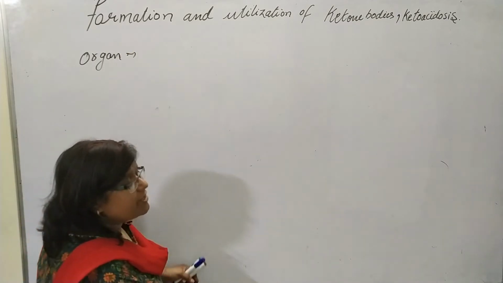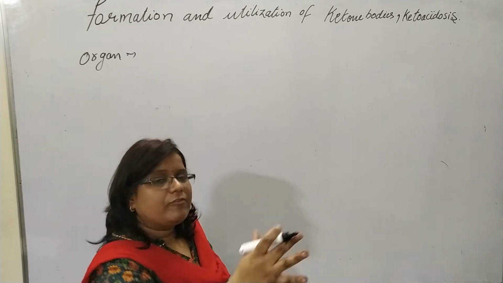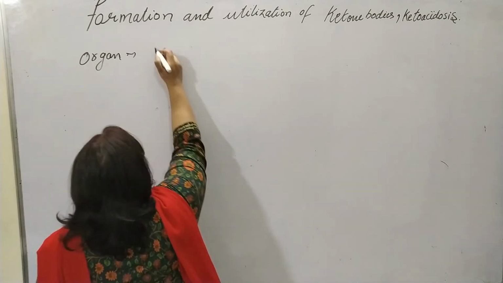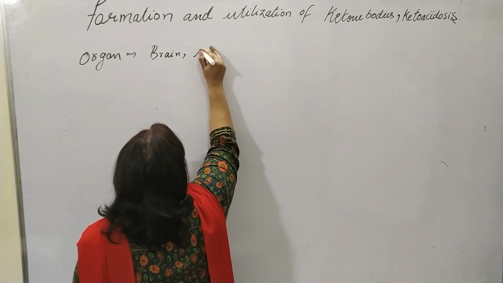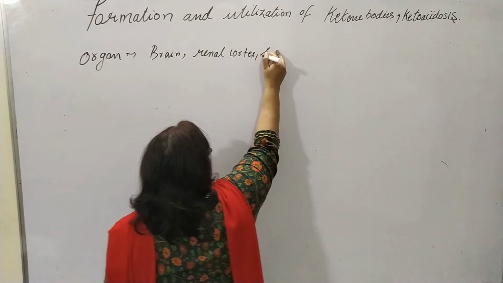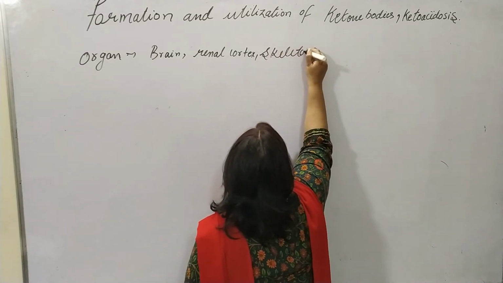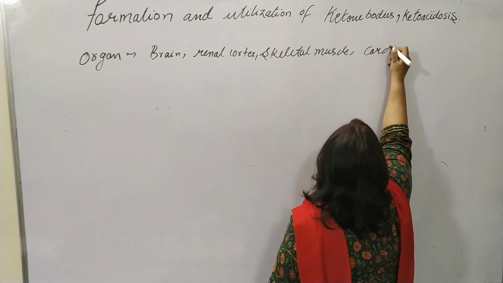Around 50 to 70% of the energy requirement of the brain can be fulfilled by ketone bodies. The main site is the brain, and they can also be utilized by the renal cortex, skeletal muscle, and cardiac muscles.